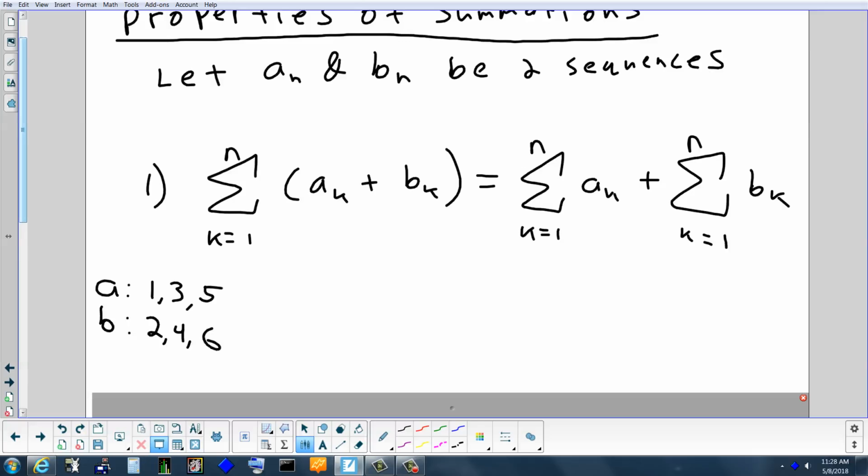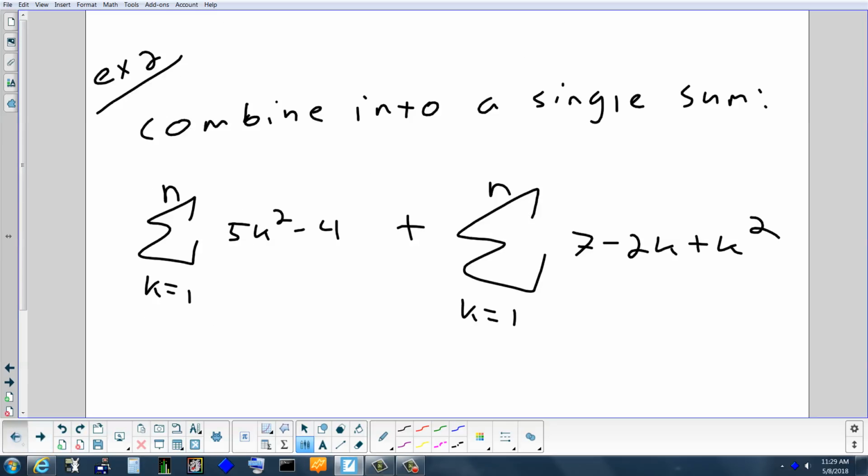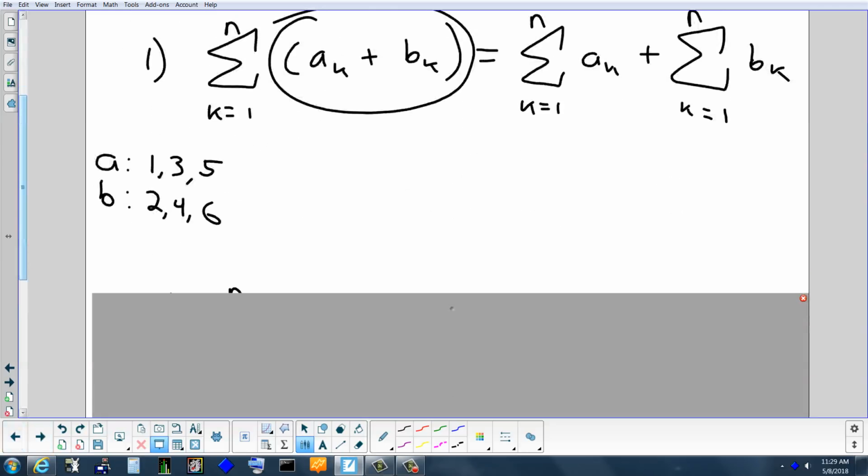And that's it. So it's just two sequences. They each have 3 terms in them. Now, on the left, it says to do this first. Take sequence A and sequence B and add them up term by term. So let's do it.